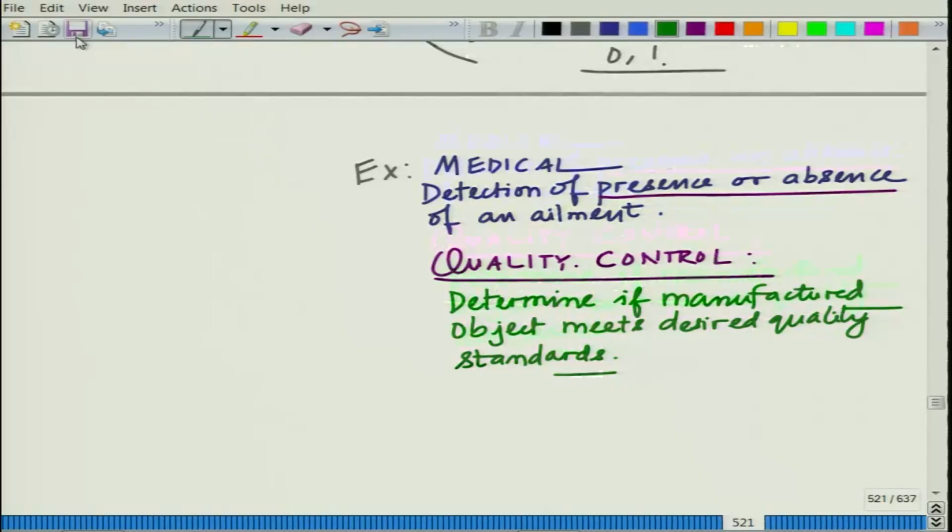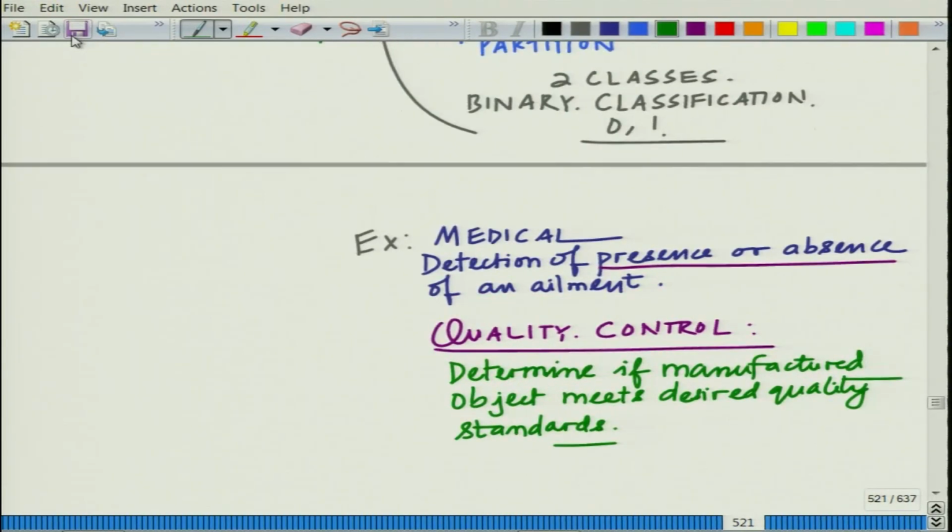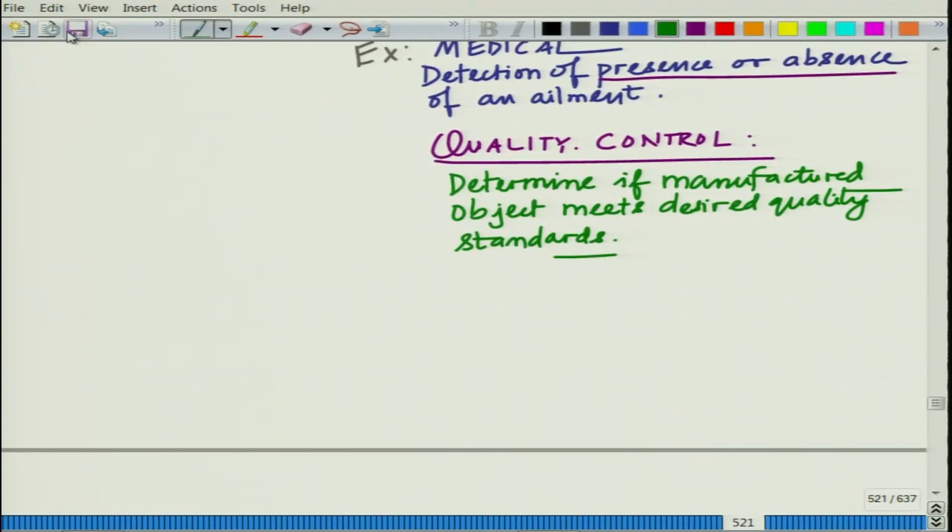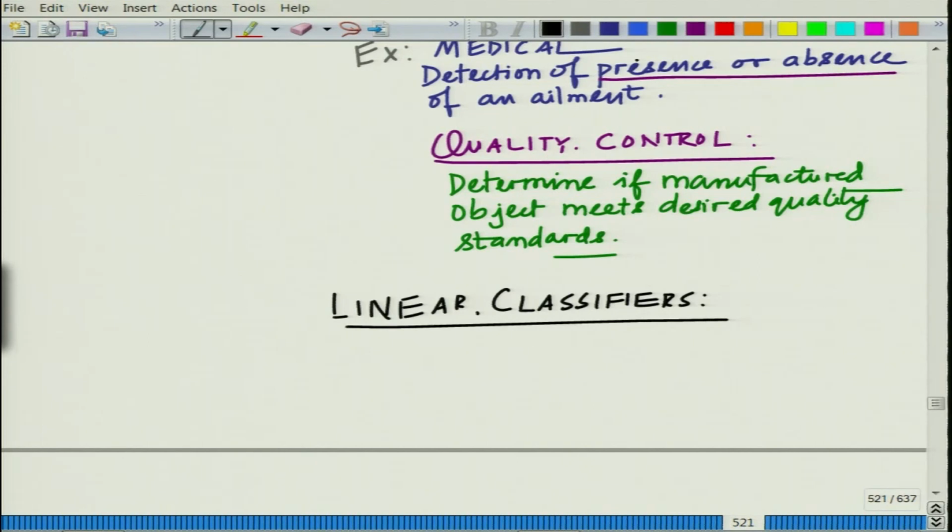Okay. The point is, now there are many classifiers that can be designed. In particular, we are going to be interested in the linear class of classifiers, because these are easy to determine and easy to analyze.